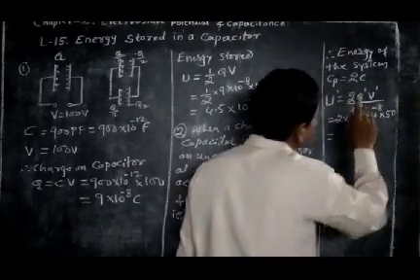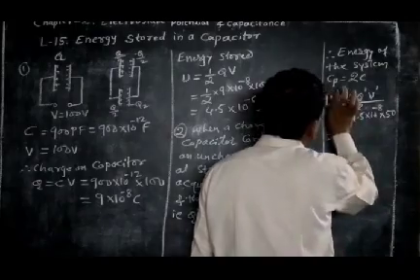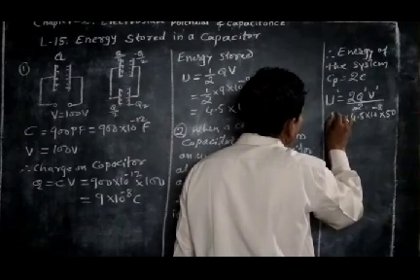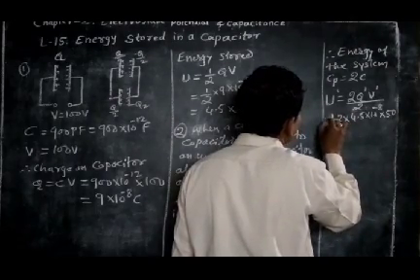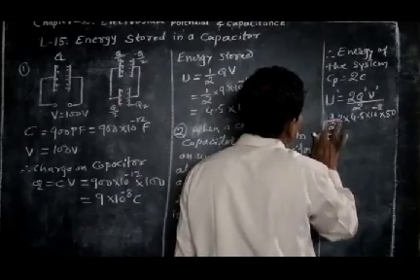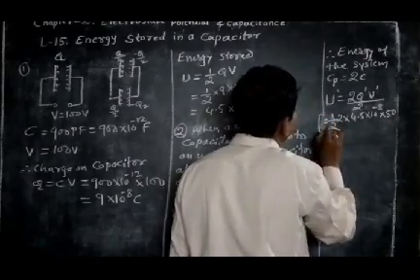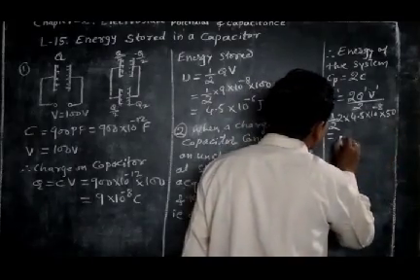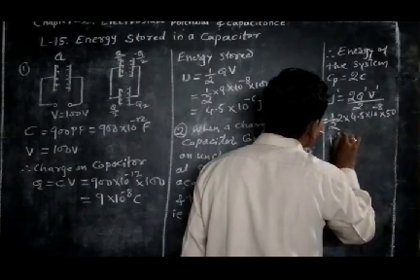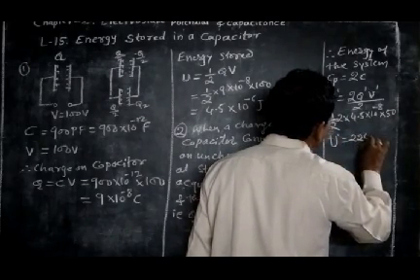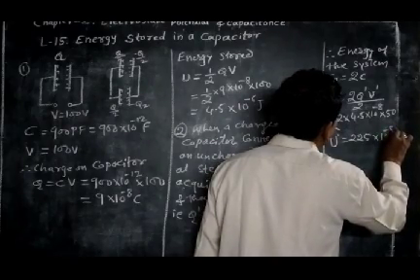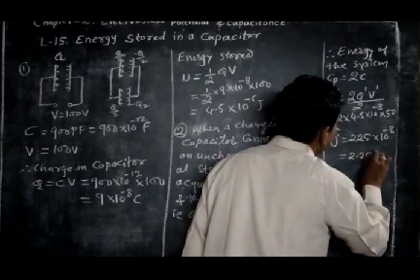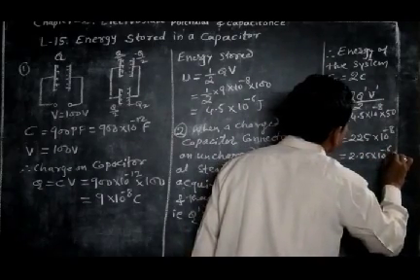Because U equal to half QV, U equal to 1 upon 2 into, the 2 gets cancelled, 4.5 into 50, so U dash is equal to 225 into 10 raised to minus 8 joule, or it is equal to 2.25 into 10 raised to minus 6 joules.